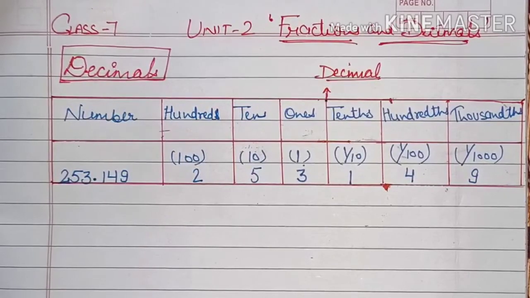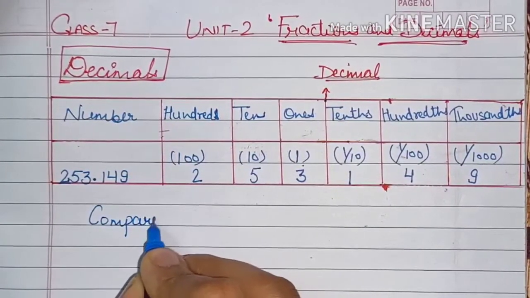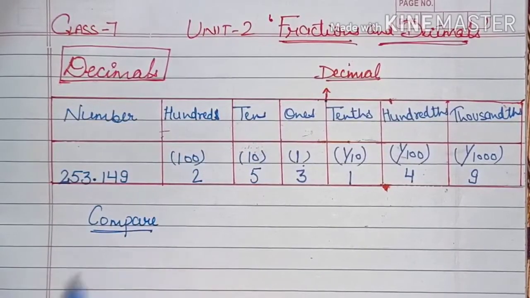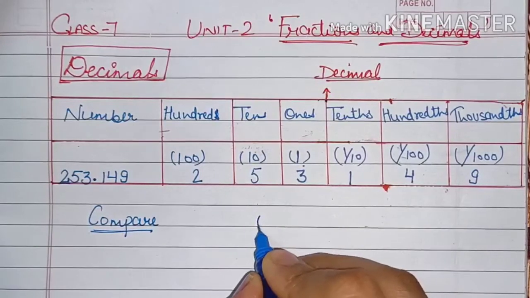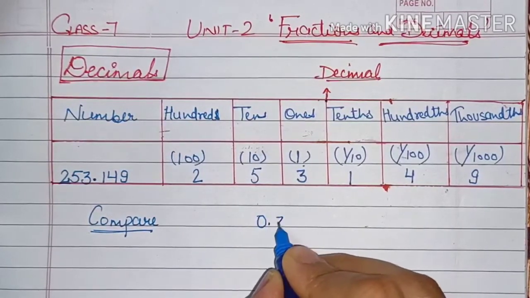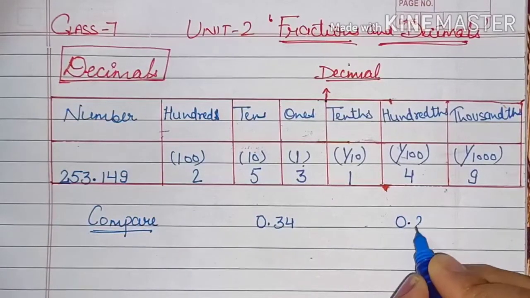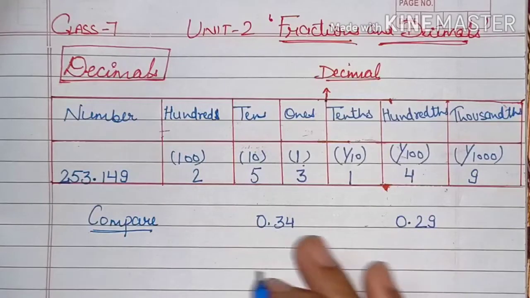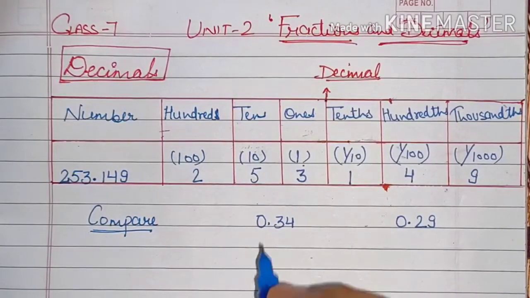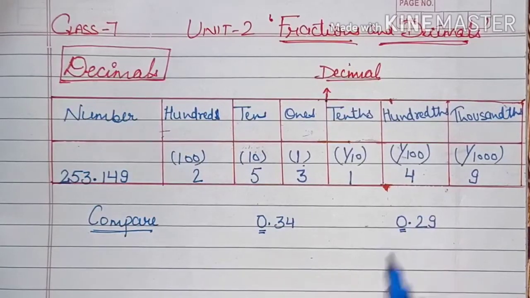Now let's see how to compare two decimal numbers. Comparing the decimal numbers, let's have an example. If we have the number 0.34 and on the other side we have 0.29. To compare these two decimal numbers, first we will check the number which is on the left side of the decimal.